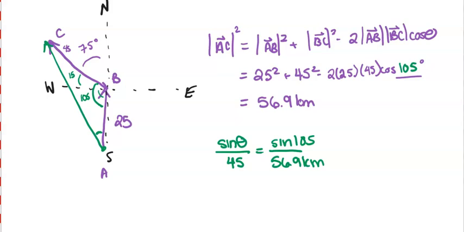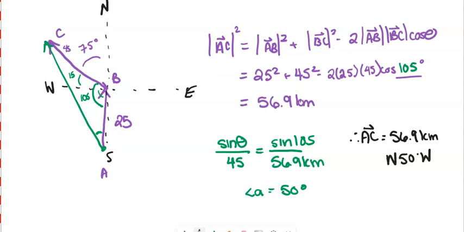Press multiply and divide, and I will find out that angle A is 50 degrees. So therefore, AC is 56.9 kilometers north, 50 degrees west.